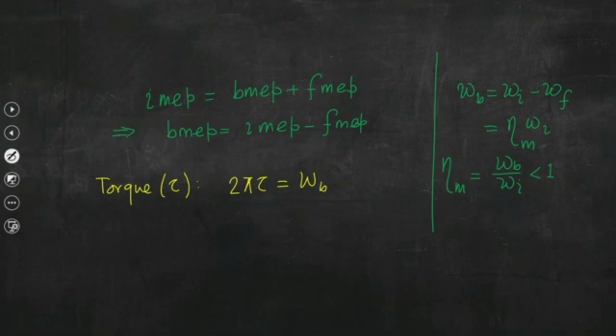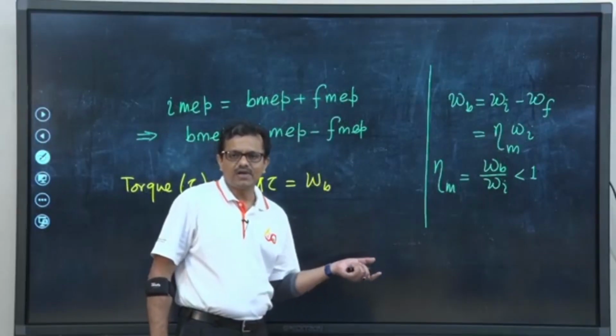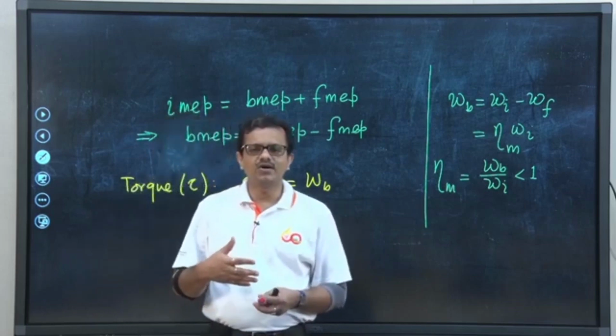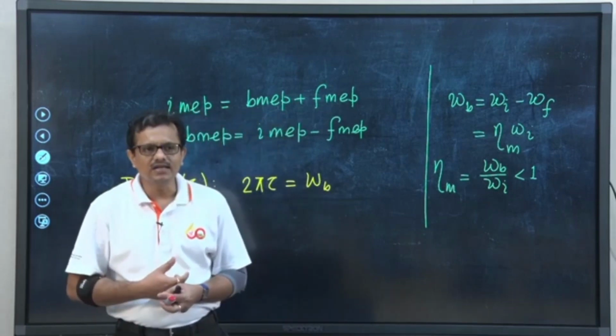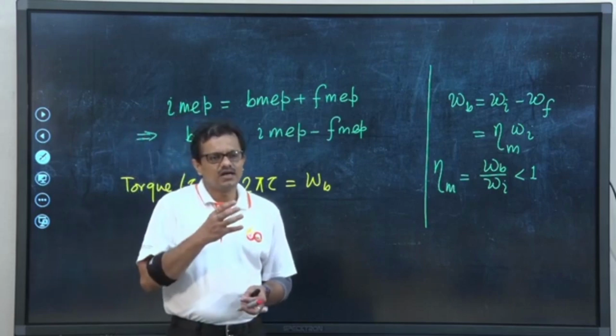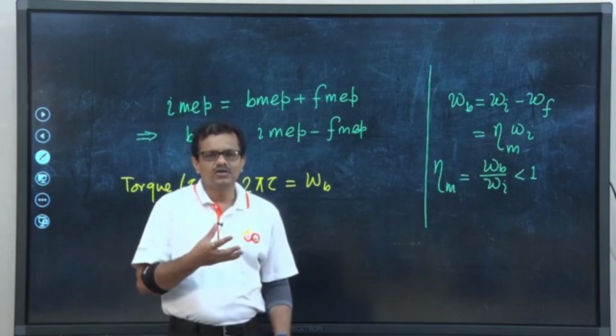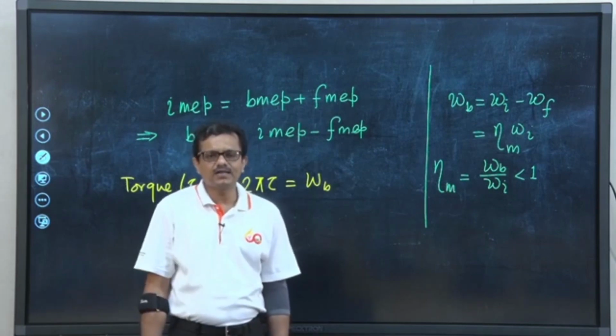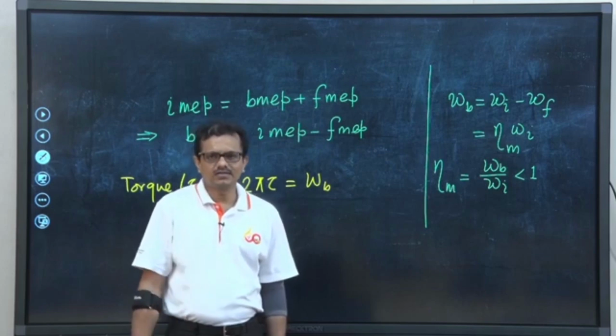Now, you may ask me a question: why are we writing brake work? As I said a few minutes back, if someone would like to calculate or measure the work output from the engine, he or she must take the effort to draw the indicator diagram, but it is not a practically viable case.